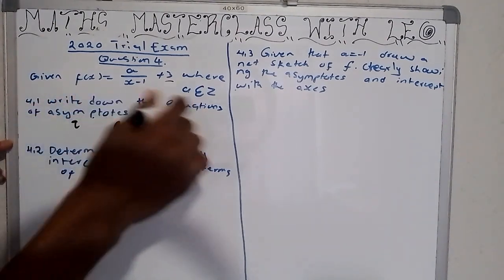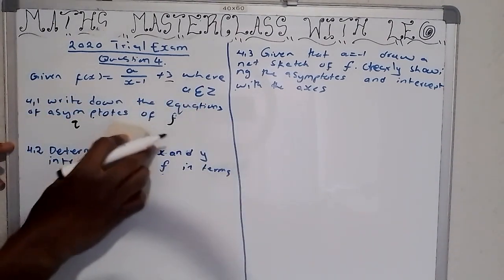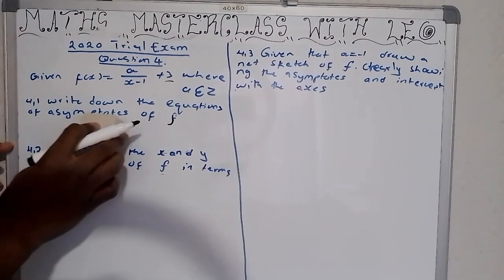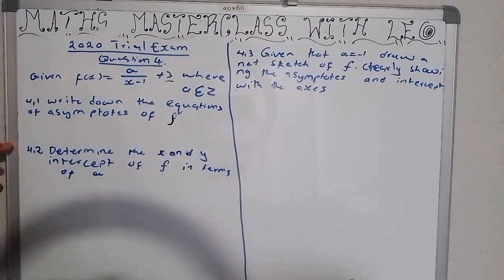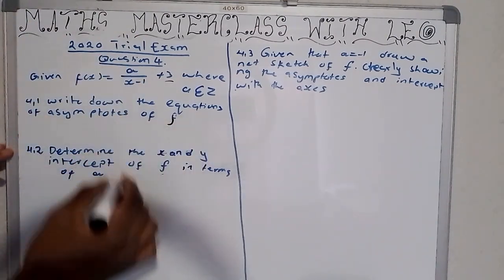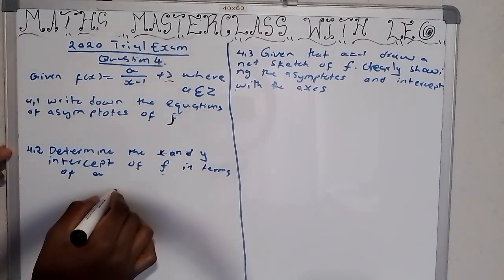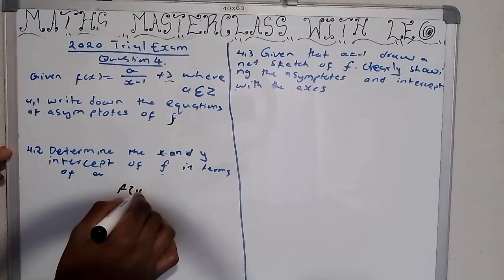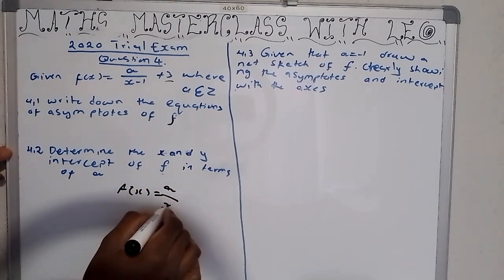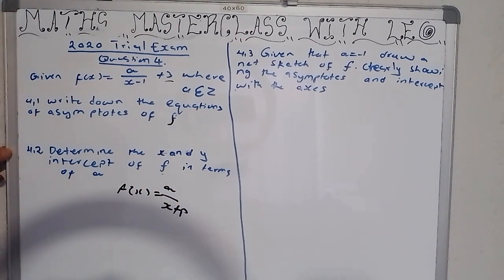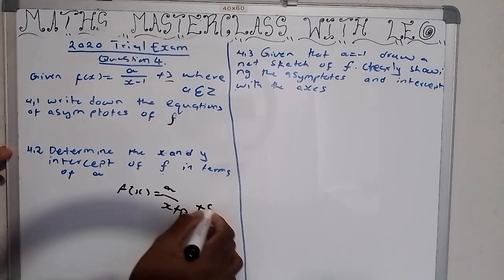But here, the equations of those asymptotes should be written in terms of x and y, right? But we know originally our formula is f of x equals a over x minus or plus p, plus q, right?